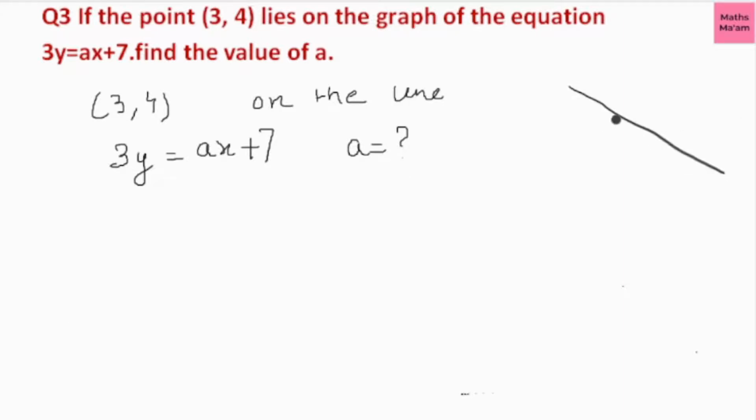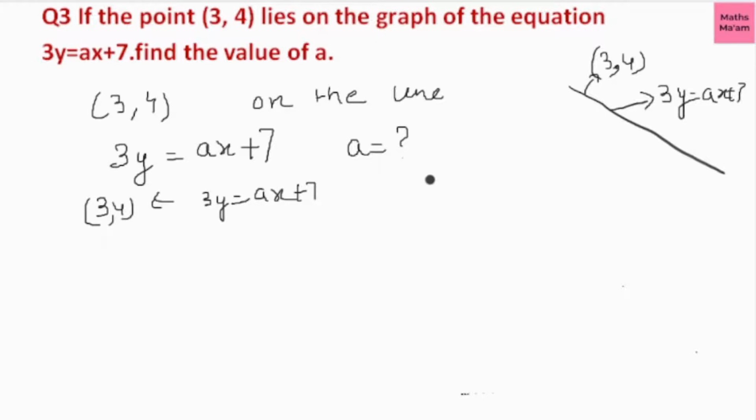Here is a line whose equation is 3y is equal to ax plus 7, and in this line we have a point 3, 4. इस लाइन पे एक पॉइंट है 3, 4, right? That means 3, 4 is a solution of this equation. So here x is equal to 3 and y is equal to 4.